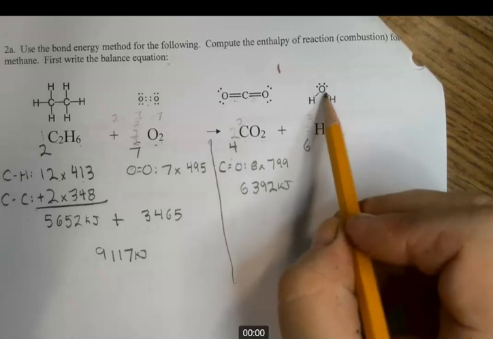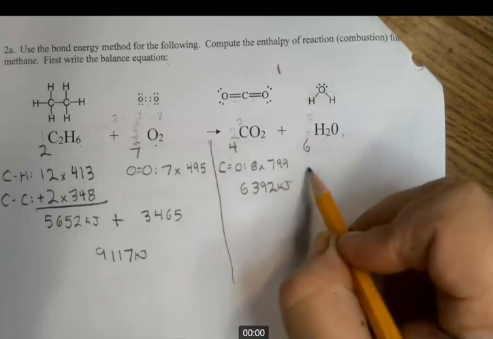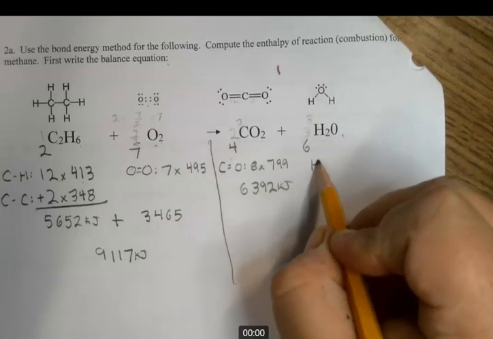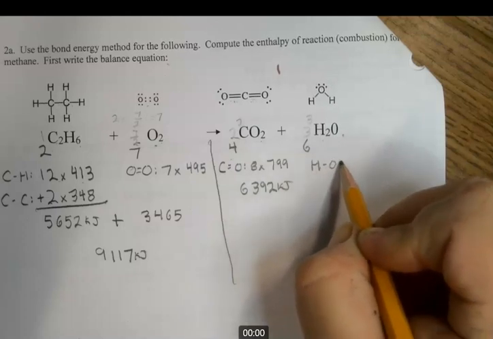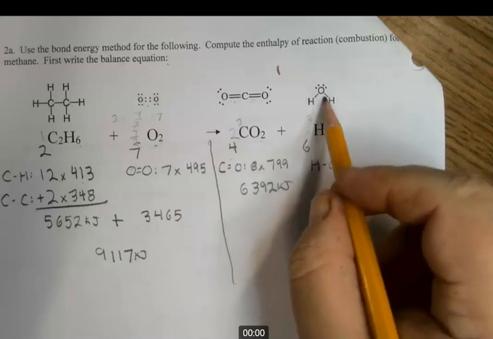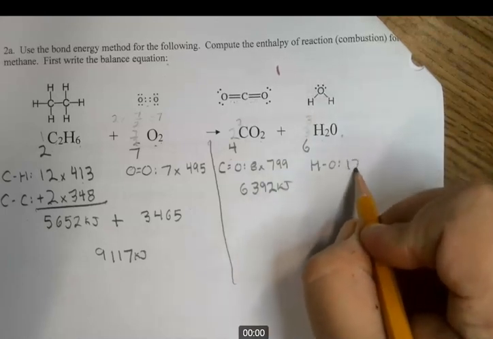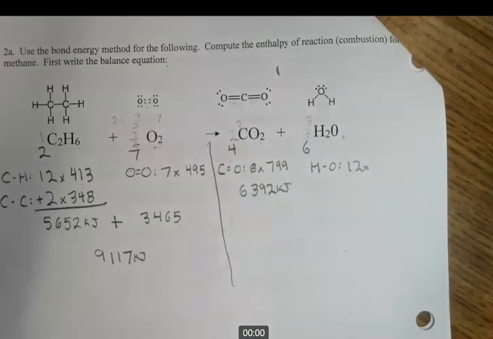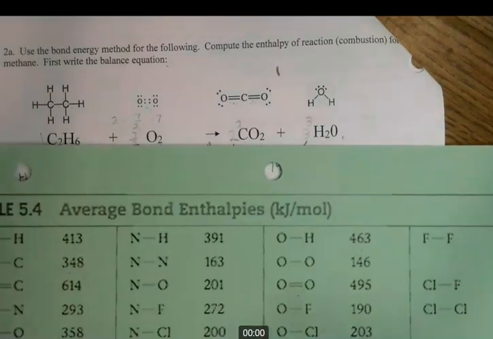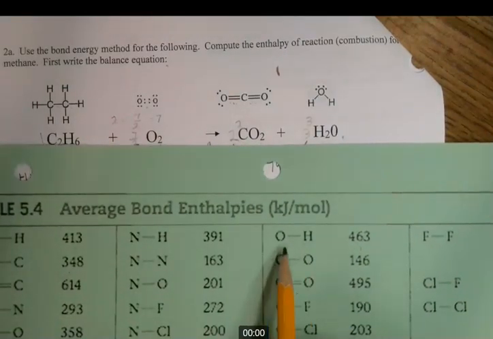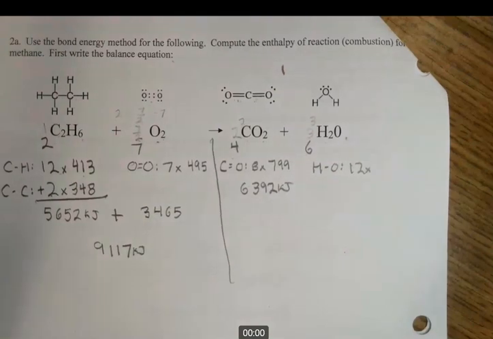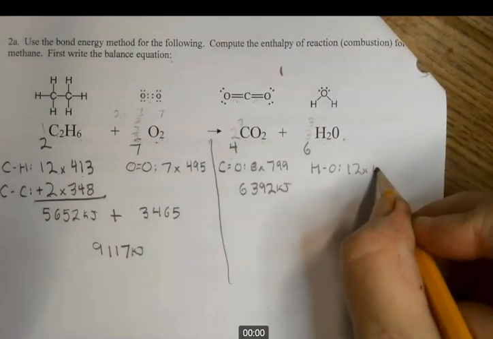Each water molecule has 2 hydrogen-oxygen bonds, so those are HO. And each one has 2, and there's 6 of them. So 6 times 2 is 12. And that's going to be times HO. It doesn't matter whether you write it HO or OH. Either way is fine. And that's 463.